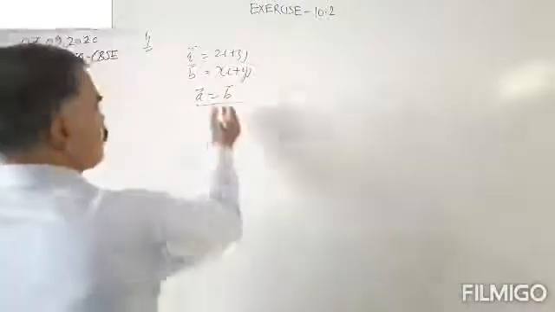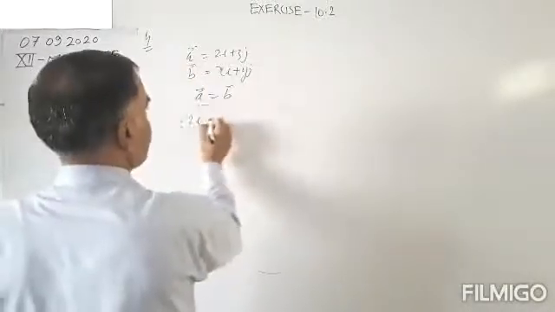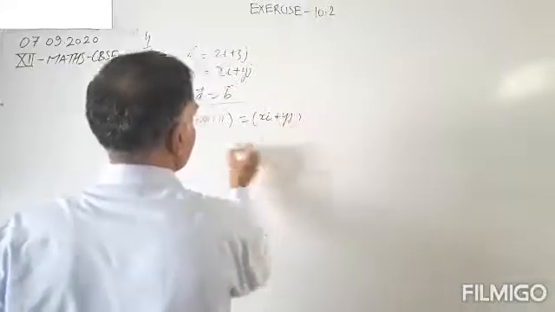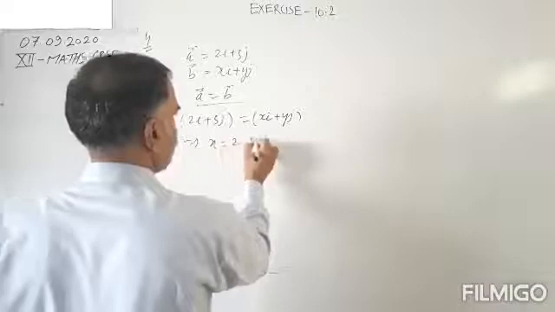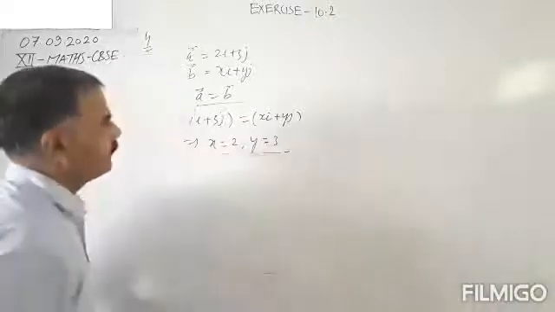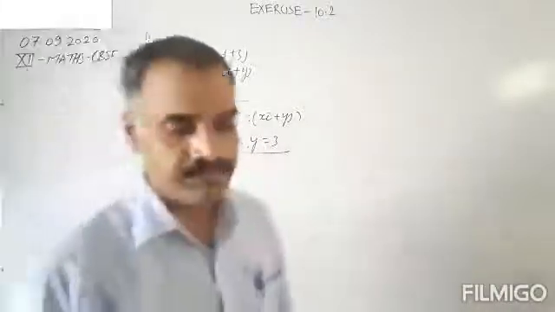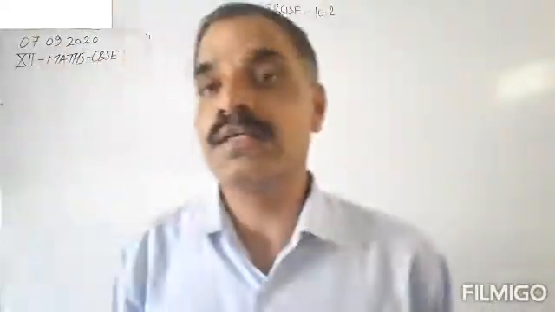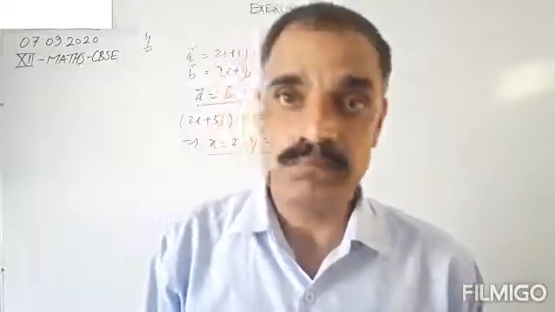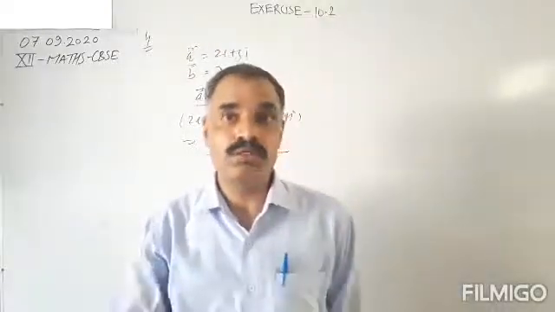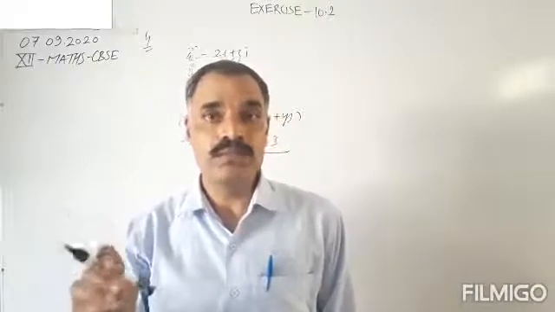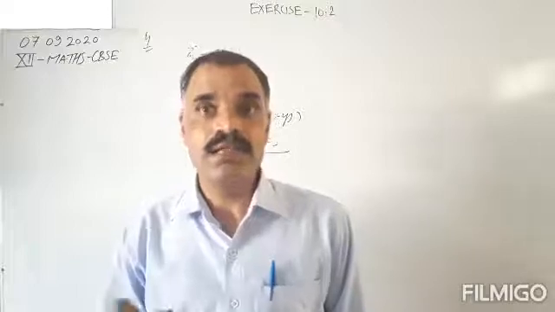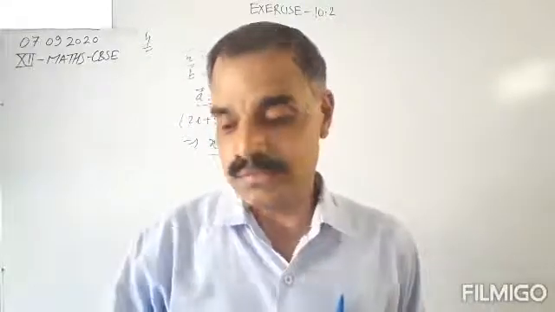Okay, so comparing these two vectors, 2i cap plus 3j cap equals xi cap plus yj cap, implies that x is equal to 2 and y equals 3. Okay, so the values of x and y after comparing the vectors are 2 and 3 respectively. Okay, this was question number 4. Means how to solve if two equal vectors are given: if two vectors are equal, then their corresponding components are same.